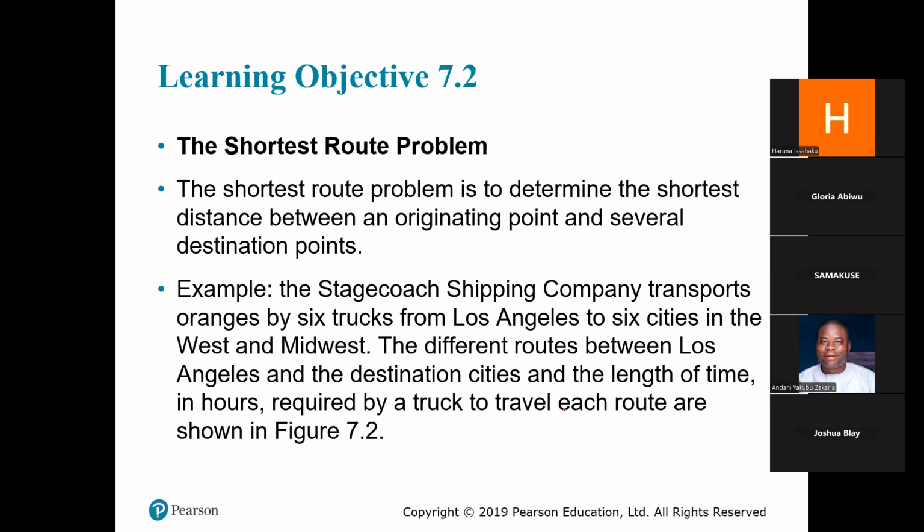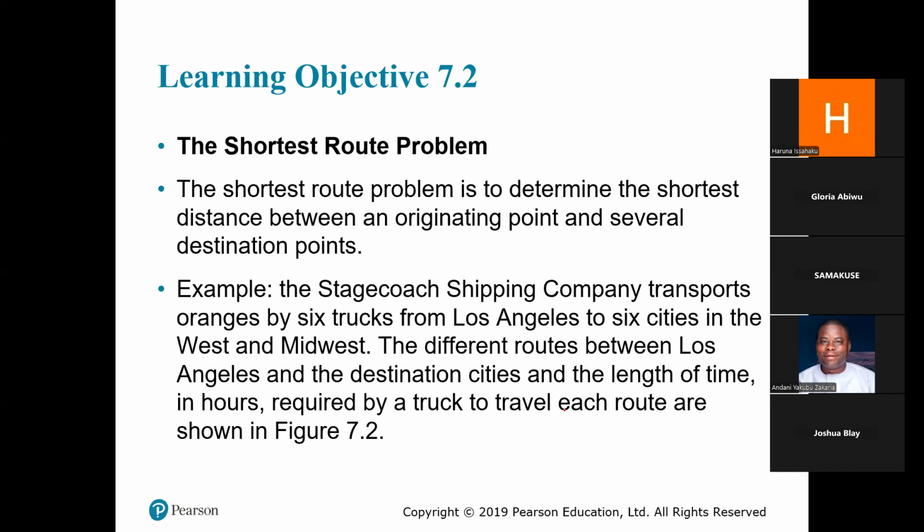So let's look at the first category of network flow problems. The first category of network flow problems, among the three, is called the shortest route problem. The shortest route problem.